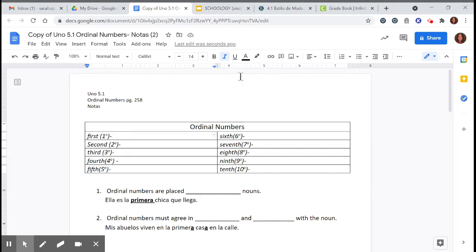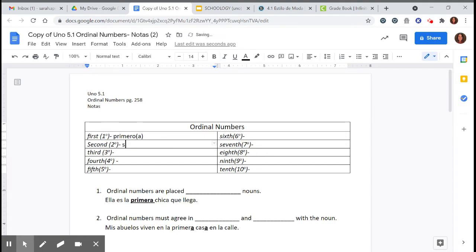So first in Spanish would be primero, or we could also have primera. So I'm going to put the ending with our notes as well, because this may need to change based on what we're talking about. It does always have to match.